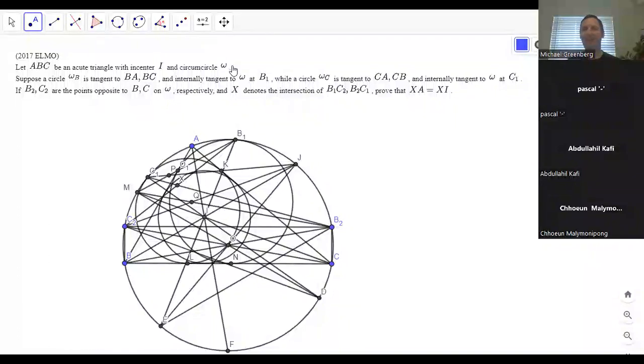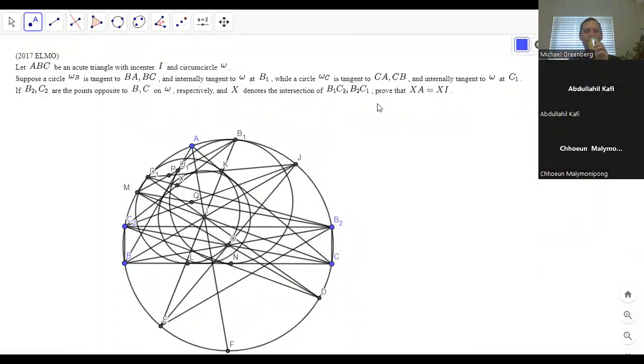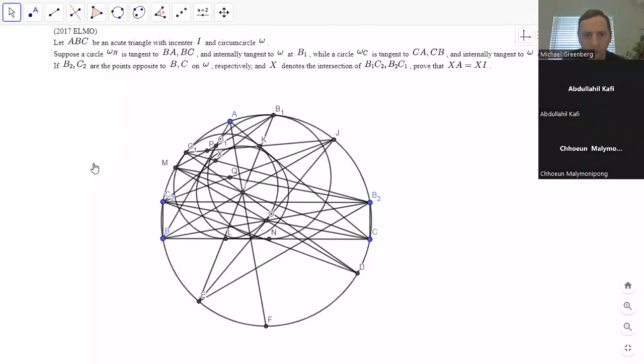All right. So XA, we want to show equals XI.